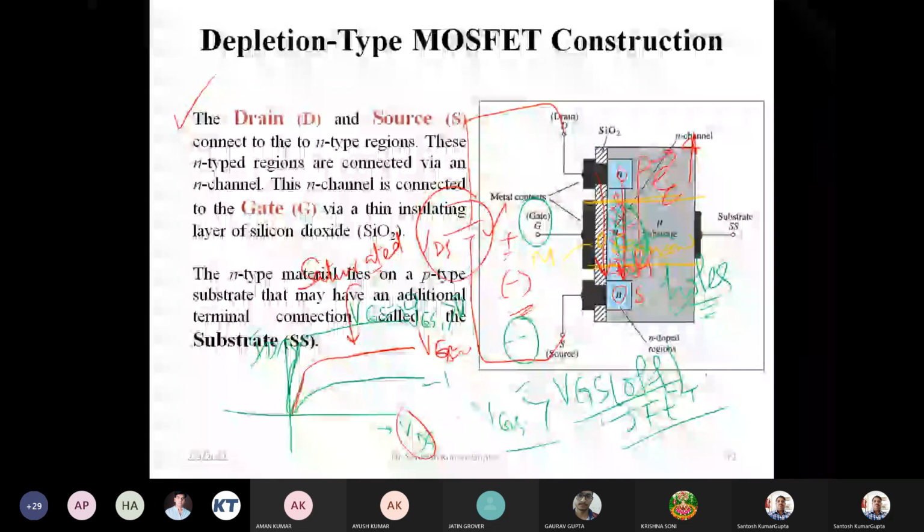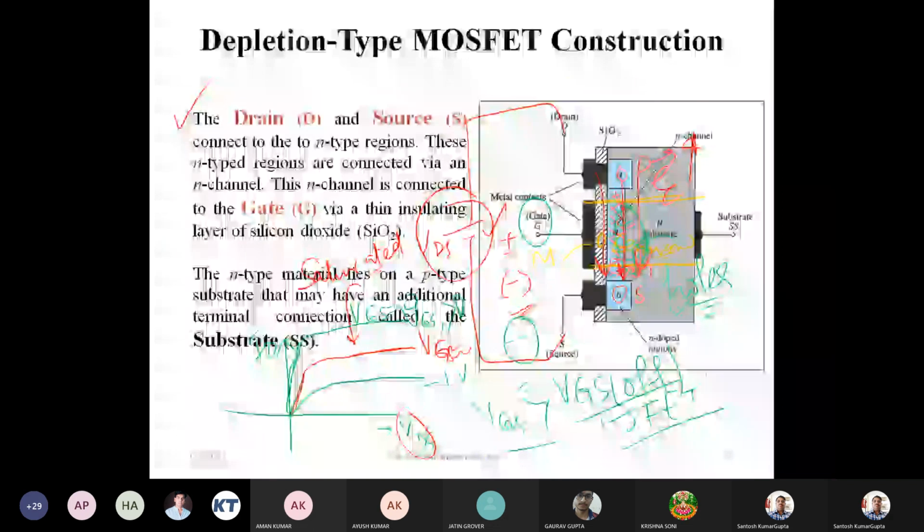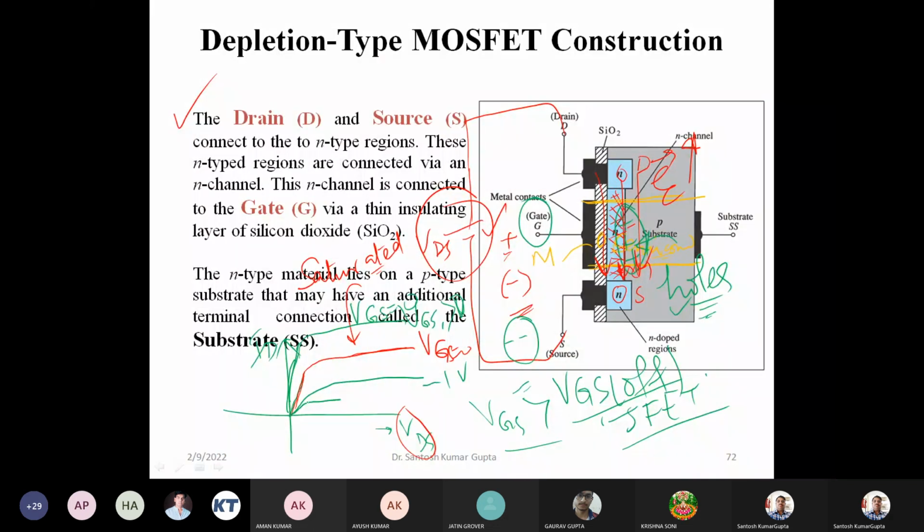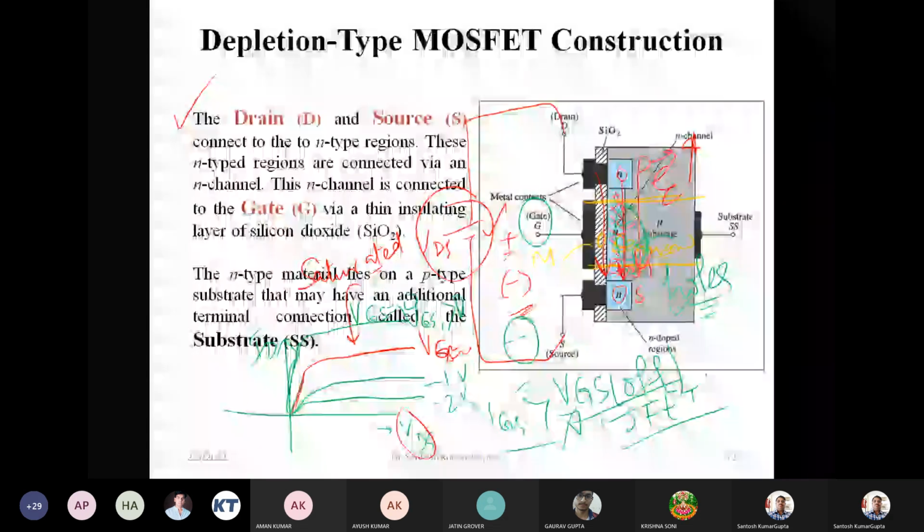Say this is for VGS equal to -1 volt, and this for -2 volts, something like that. And as we decrease the VGS and make it almost equal to this VGS off of the JFET kind of thing, then there will be no channel at all, and whatever the value of VDS we apply, current will not flow. So something like this we can understand, and the working of this depletion type of MOSFET.